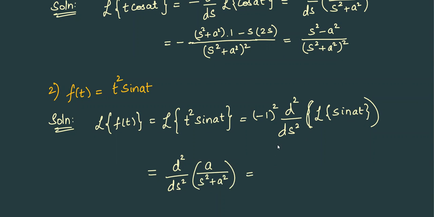So the first derivative gives a upon s square plus a square the whole square with a minus sign, multiplied by 2s.